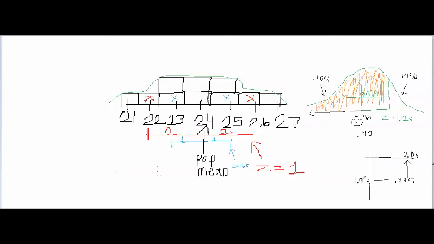If you piece the rows and columns together, all you do is you put the 8 after the 1.2, and when you put the 8 at the end, you get 1.28. And that's the z-score that's the closest to this point that we were interested in up here, with 90% of the curve to the left of it. That's how I got the 1.28.